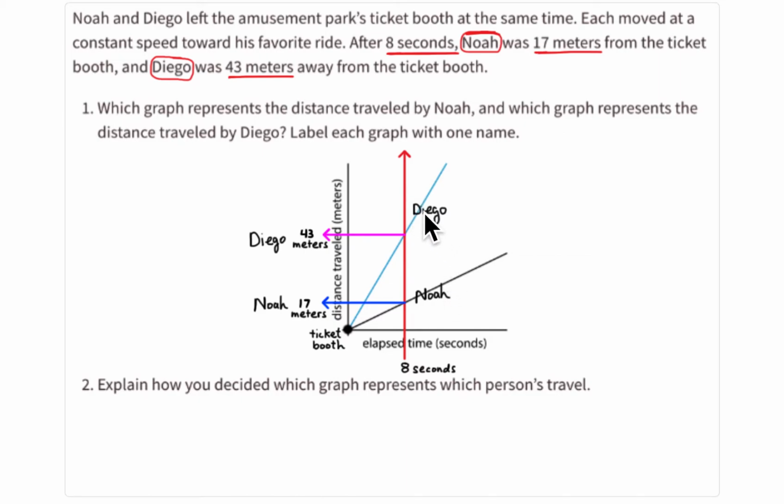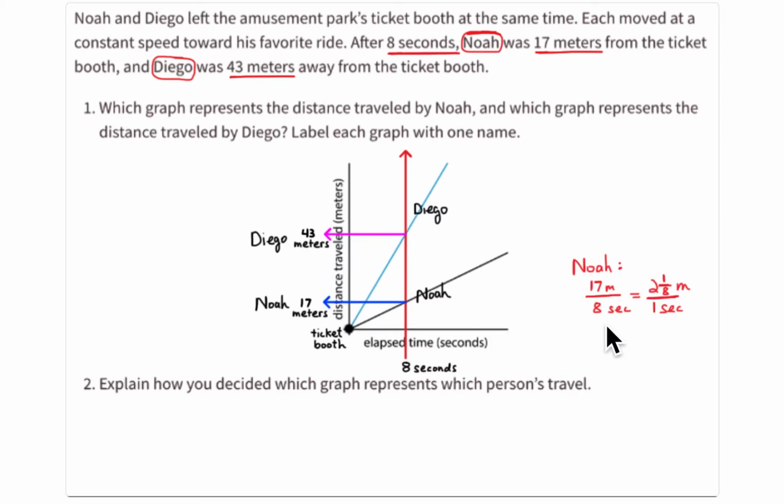So the steepness of the graph, when the axes are set up this way, distance compared to time, the steeper graph is going to be the faster graph. Not always true. You have to really look carefully at what the labels of the axes are, because if it was reversed, no, let's not get into that.